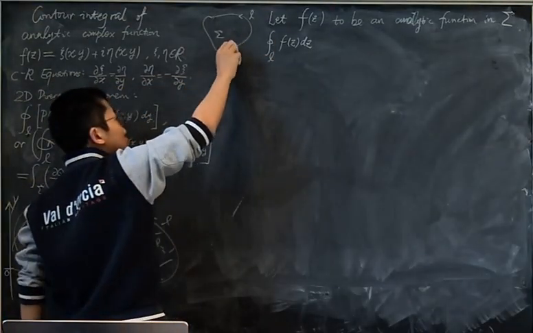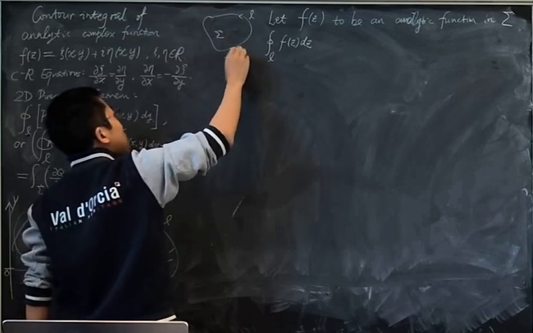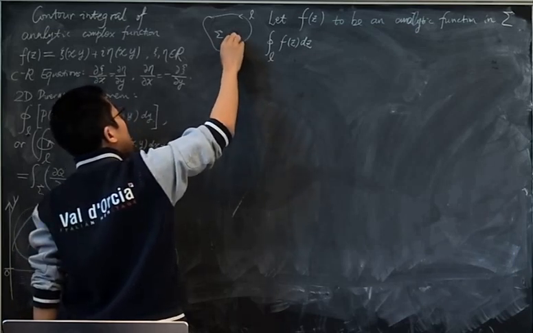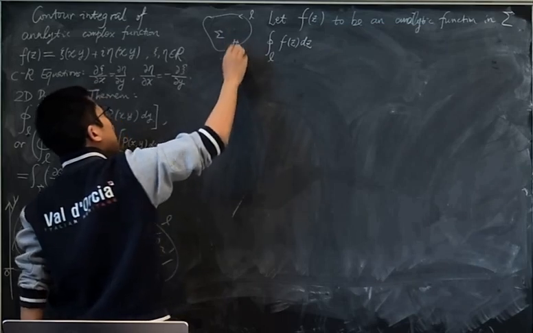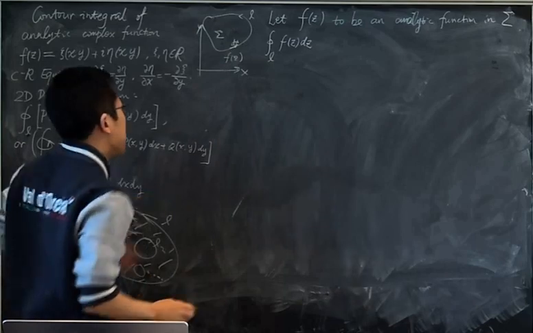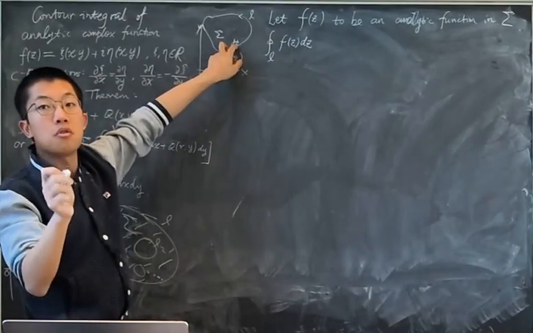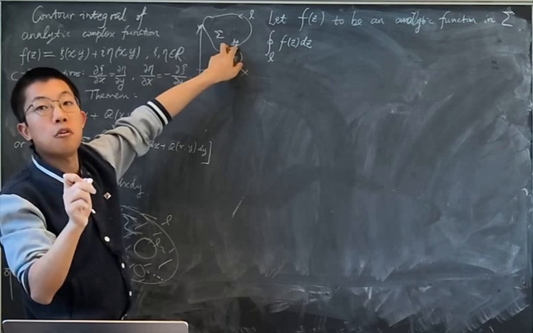For example, at this point, I evaluate f(z), and I evaluate what this dz is, because we have the complex plane, and this little segment corresponds to some complex number whose absolute value is infinitely small.